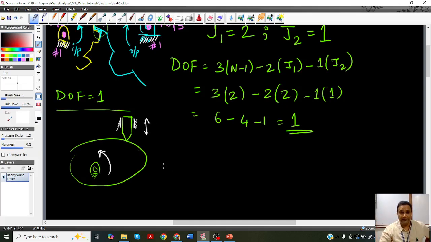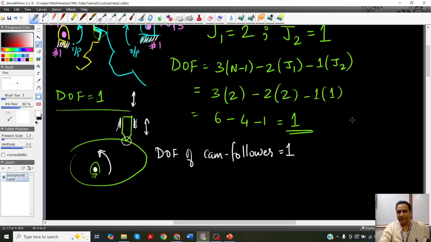Again, there's a revolute joint here, there's a prismatic joint here, and there's a point contact, similar to the previous. So degree of freedom of this cam follower shall be 1. You can do the same steps. Exactly the same numbers will be there and degree of freedom can be determined.